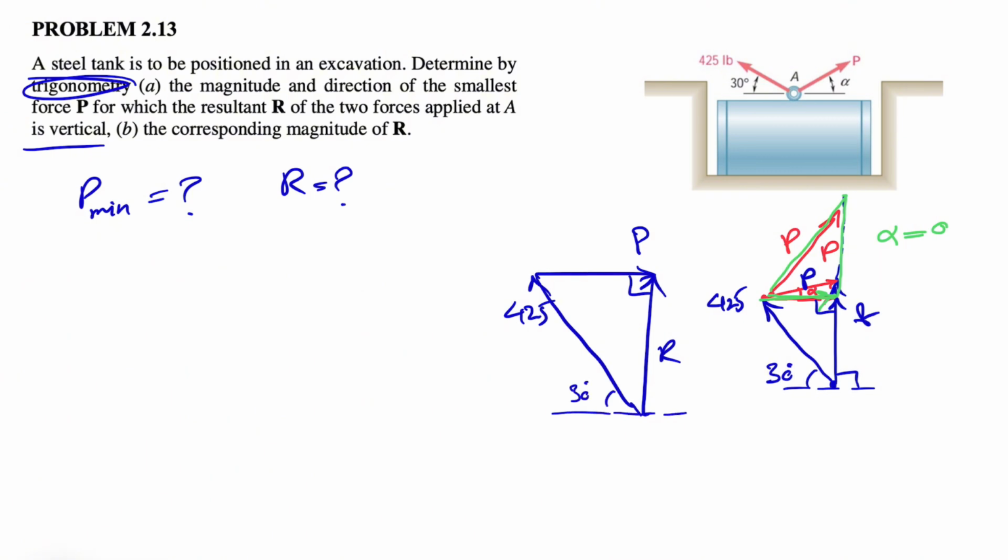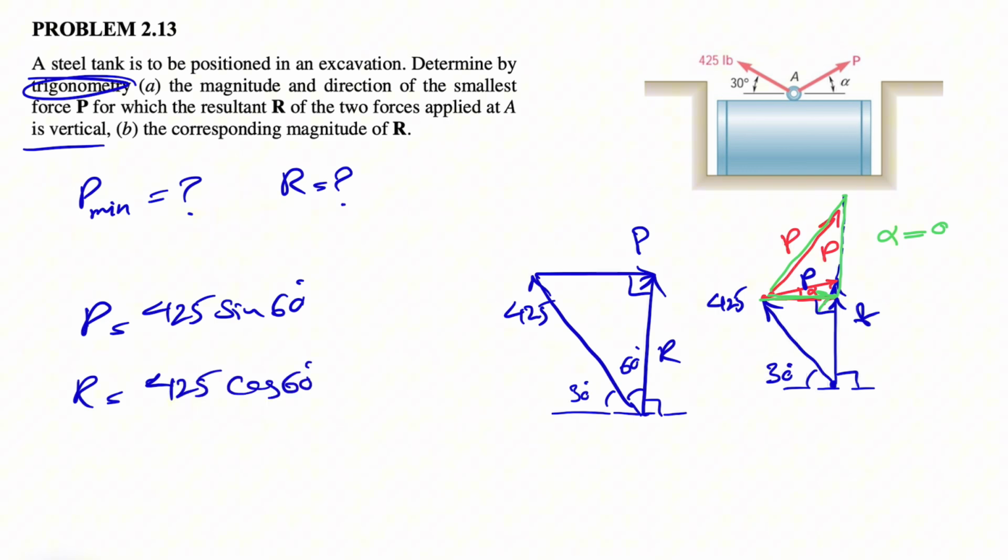This is 30 degrees. Since this is a right angle, this will be 90 minus 30, or 60 degrees. So to find P, we simply have the hypotenuse 425 times sine of 60 degrees, and R would be 425 cosine of 60 degrees.